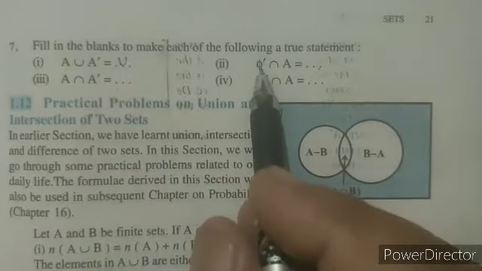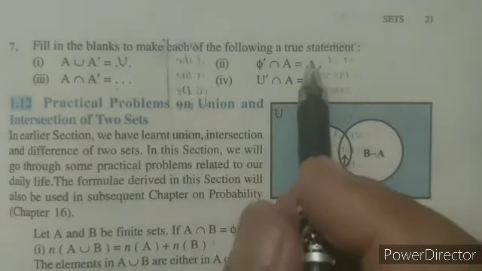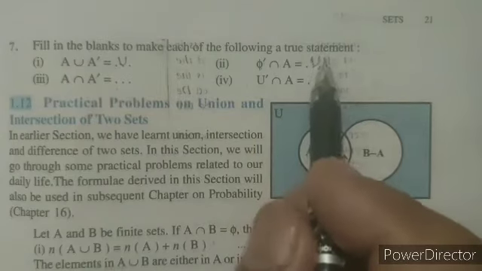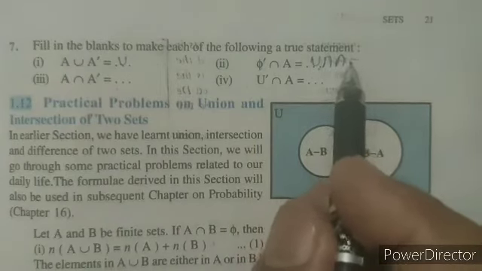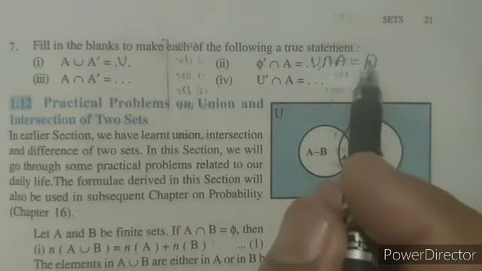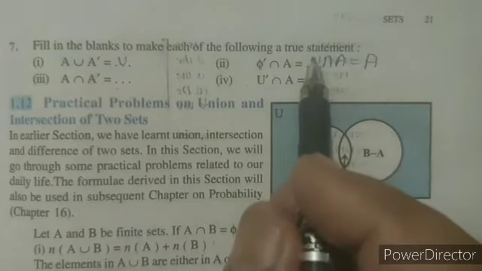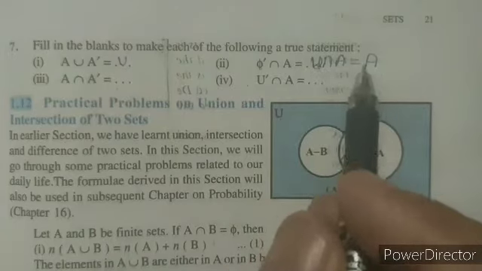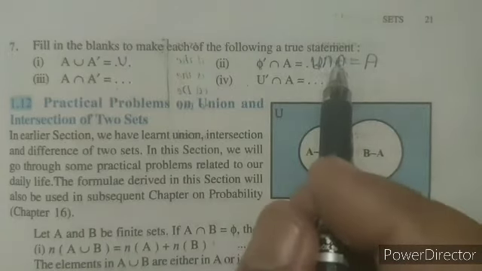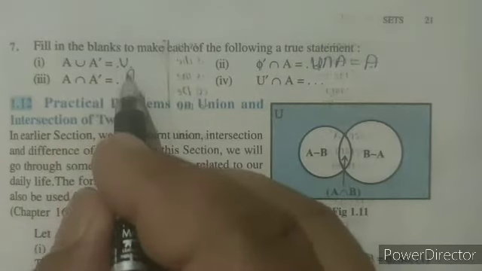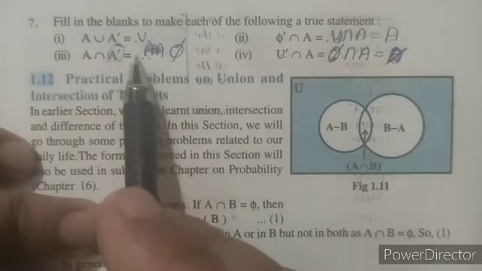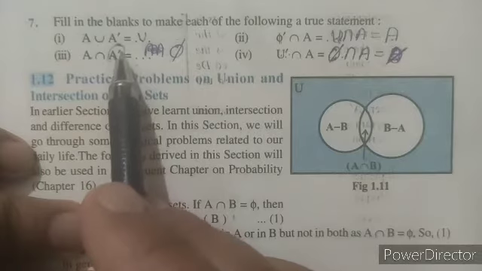Now the complement of the null set is equal to the universal set, and the intersection of the universal set with set A will be equal to set A. The common elements of the universal set and set A will be the elements of set A. Now A intersection A complement.